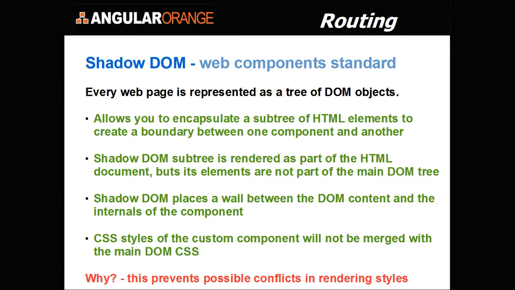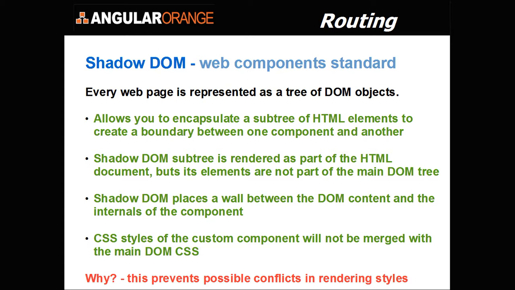Okay, so the namespacing introduces that additional namespace that takes that subtree and makes it so that it's not part of the main DOM. The Shadow DOM places a wall between the DOM content and the internals of the component. The CSS styles of the custom component will not be merged with the main DOM CSS.